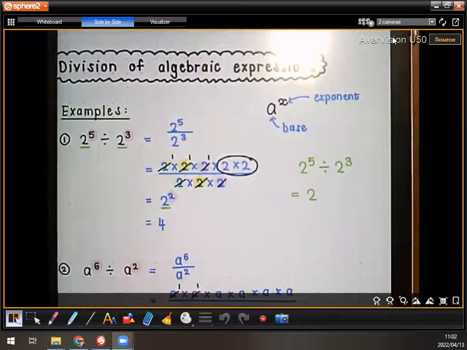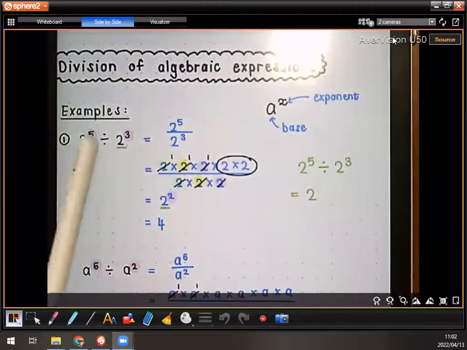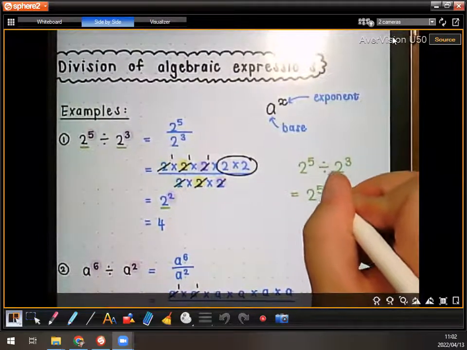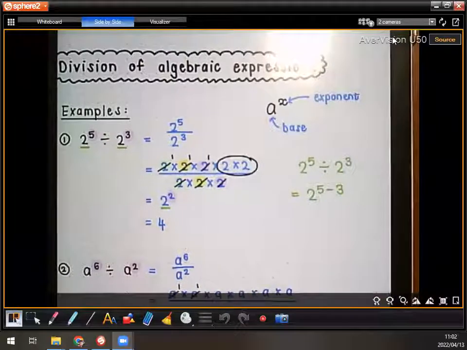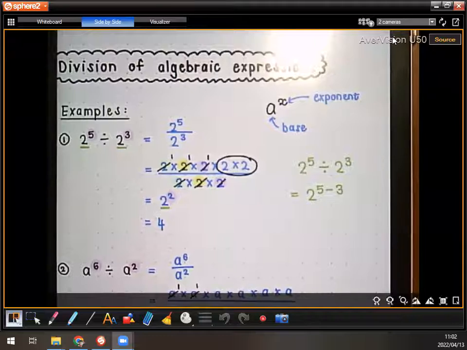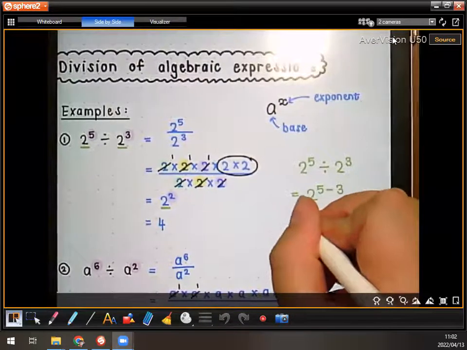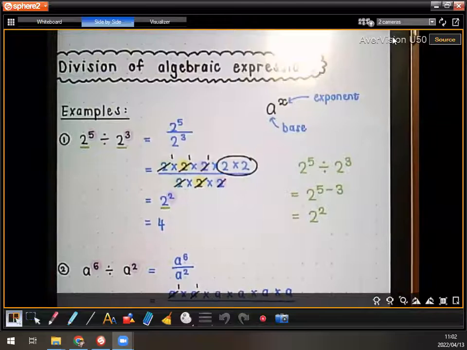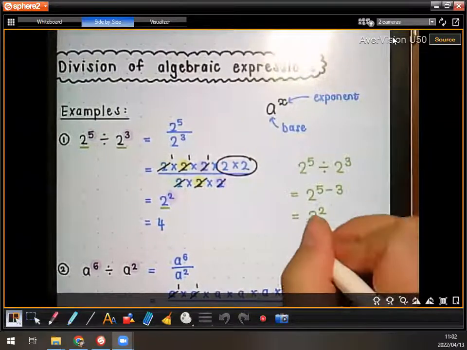Remember, we keep the base the same, right? We saw that there. 2 and 2 and then 2 to the first exponent minus the second exponent. We can do it like that instead. Okay, that's going to save you a lot of time. And what is 5 minus 3? 2. Now, if that's a number, guys, 2 squared is equal to 4.